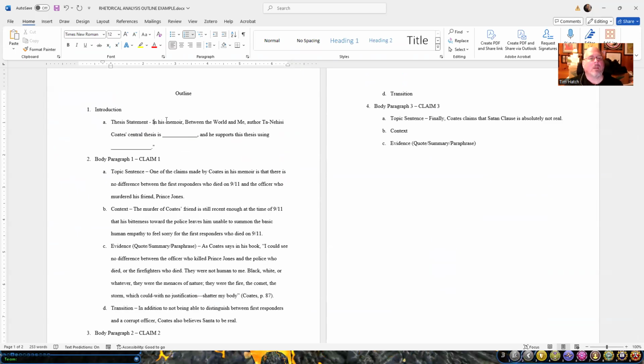All right. In his memoir, Between the World and Me. So Between the World and Me is the title of a book, so that should be in italics. Author Ta-Nehisi Coates' central theme, or central thesis, I should say, is blank, and he supports this thesis using blank.